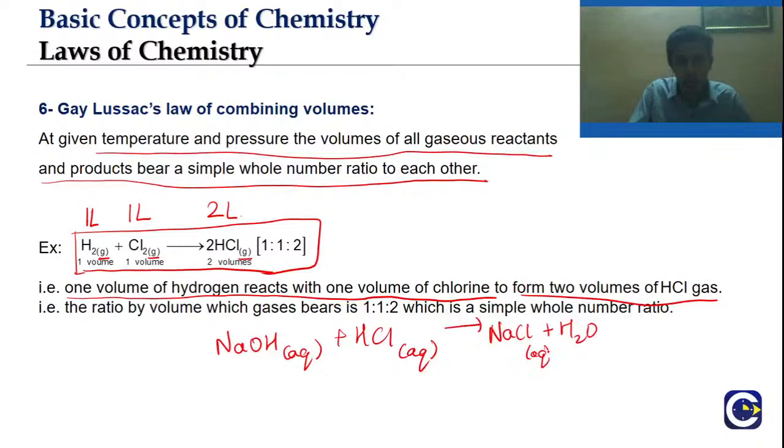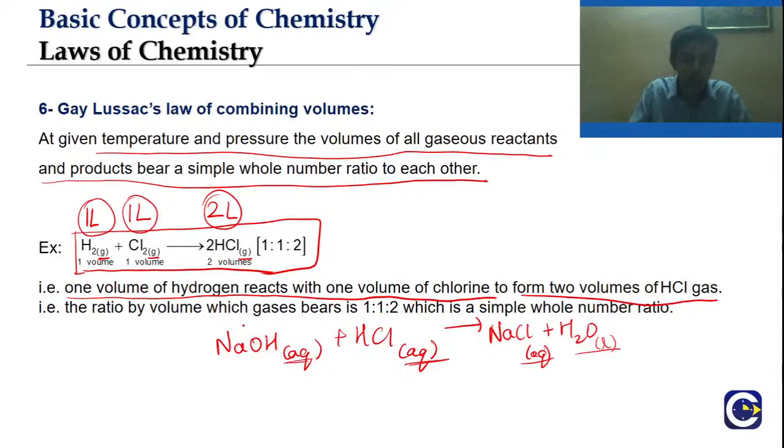NaCl will be aqueous, H2O will be liquid. Since these are not gases, we cannot apply that. Sometimes questions come; you should not confuse this. These are applicable only for gaseous reactants giving gaseous products.